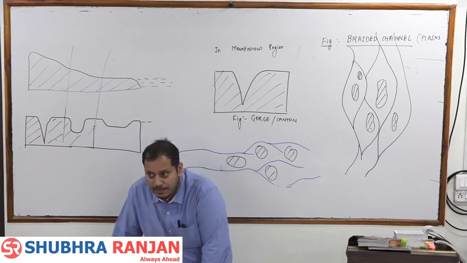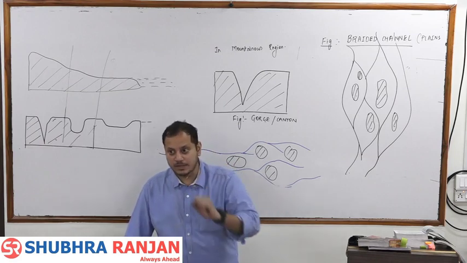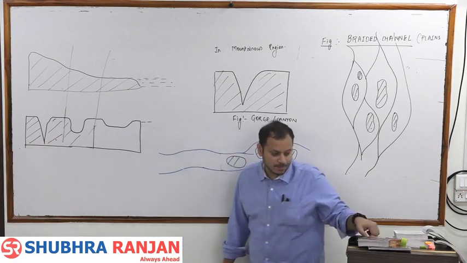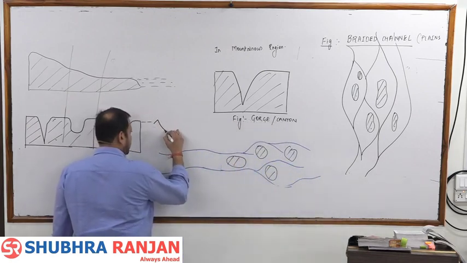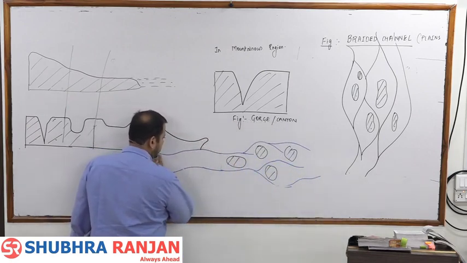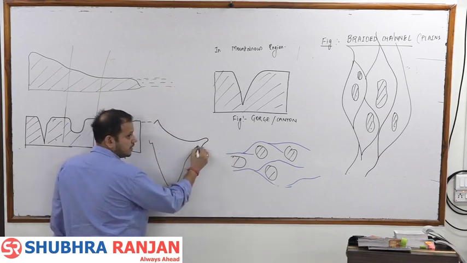Which part of Himalayas gets more rainfall? The one which is on the west or the one which is on the east? East. So if we consider the Himalayas, this is how the Himalayas are in India. One part is western, one part is eastern Himalayas.